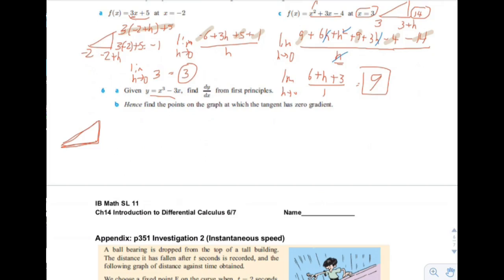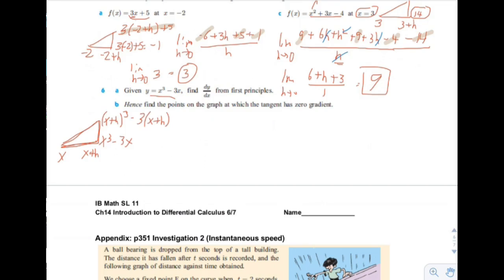So it would be x plus h here, and then the y values would be x cubed minus 3x, and this one would be x plus h cubed minus 3 times x plus h.